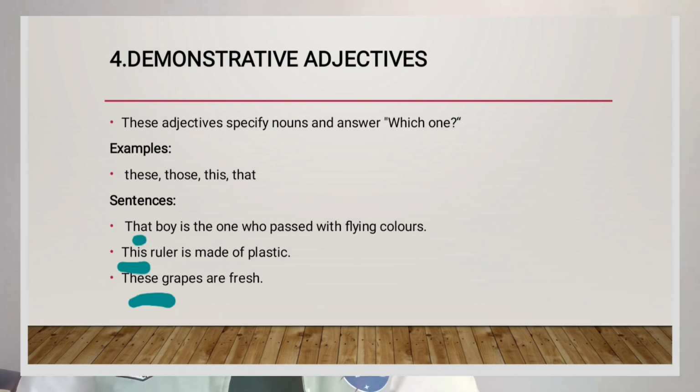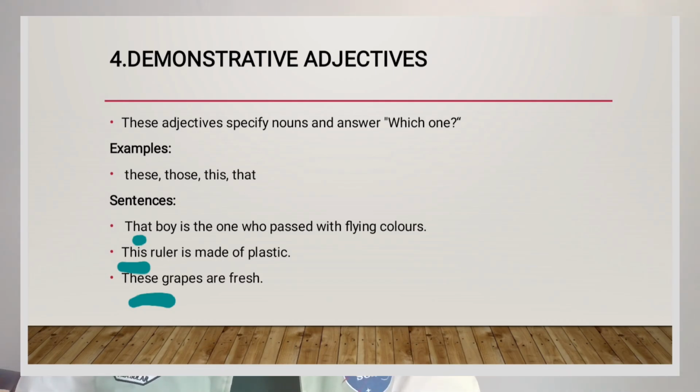Our second example would be, this ruler is made of plastic. This ruler. So this is the demonstrative adjective preceding ruler. Then we have our third example, which is, these grapes are fresh.